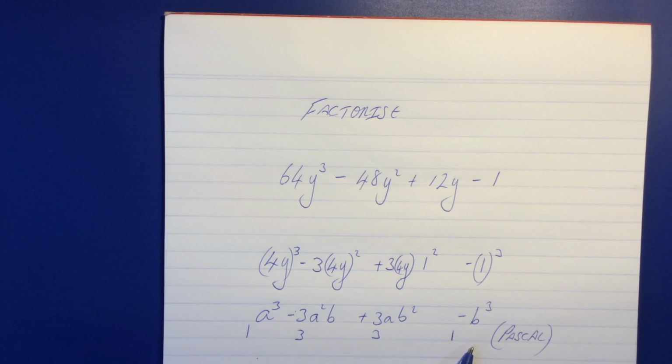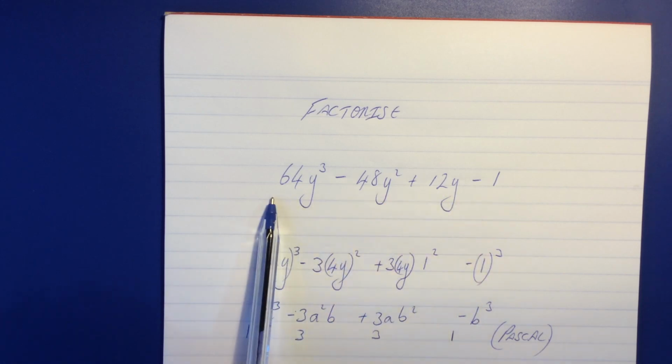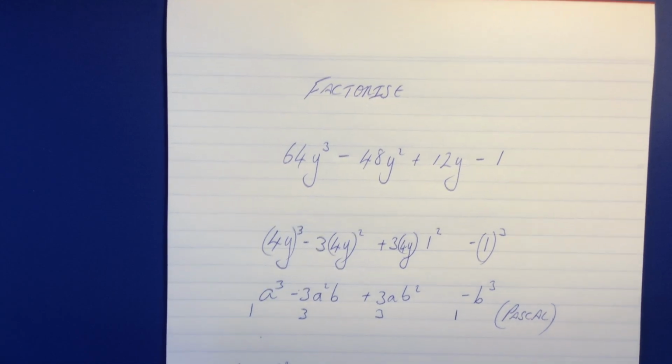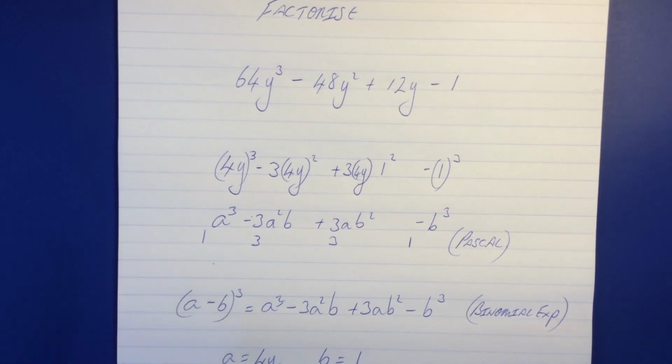So again, it's just having all of this information in the back of your head when it comes to looking at your original problem. And if you're a student at school or at university, somewhere buried in your textbooks will be this thing, which is a binomial expansion of the difference.